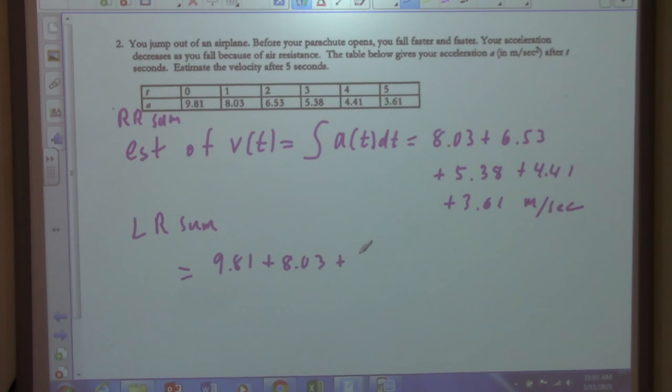Okay, so here's the left Riemann sum. Right Riemann sum, left Riemann sum. Does that make sense to you?